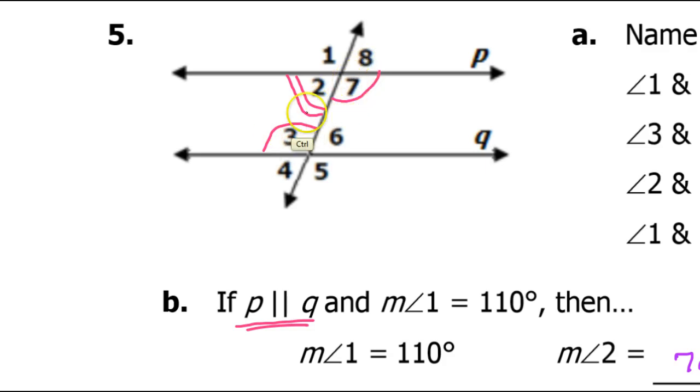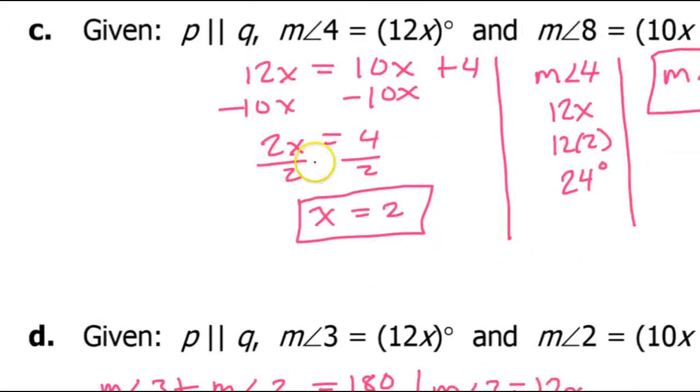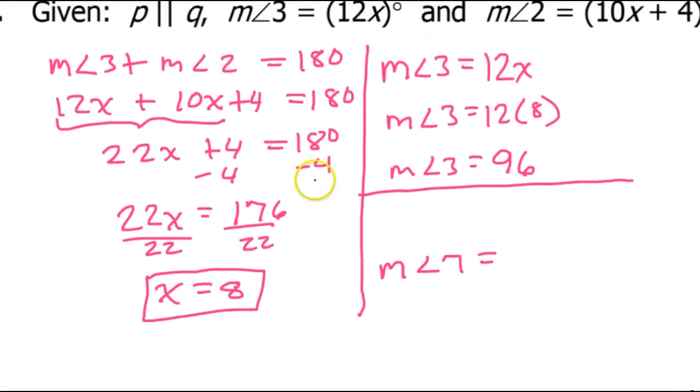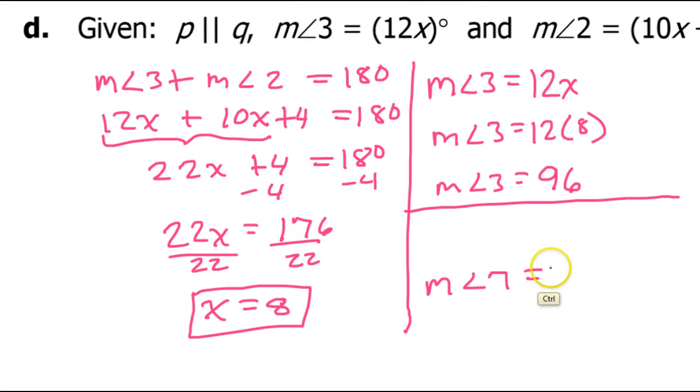So angle 7 should have the same measure. Also, notice how they both appear to be obtuse. So that's another shortcut to tell you that they should be equal. So angle 7 should also be 96 degrees.